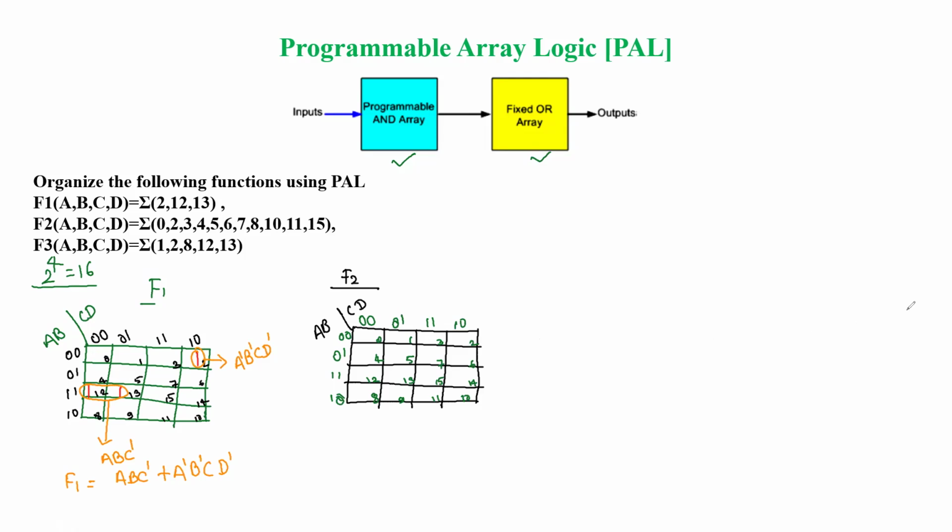Now, whatever min terms are given, we locate them here. So we have 0 first, then 2, 3, 4, 5, 6, 7. Next is 8, then 10, 11, 15.